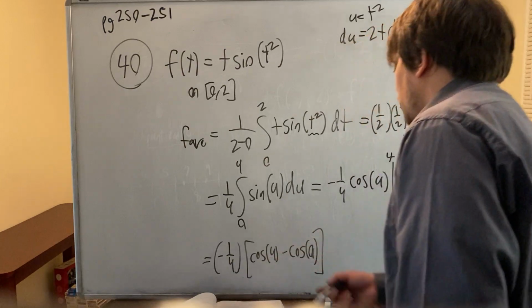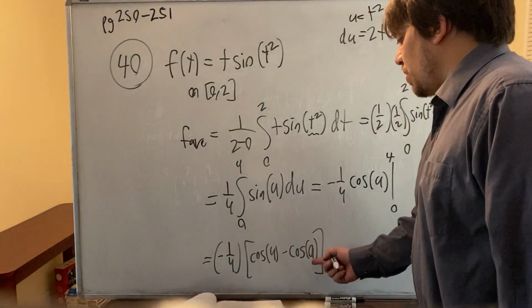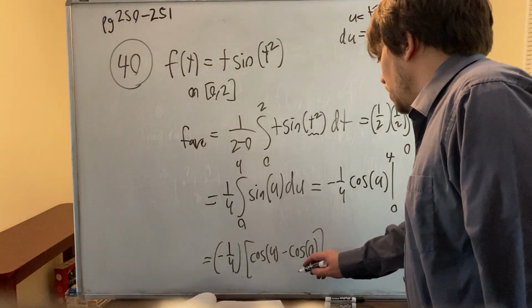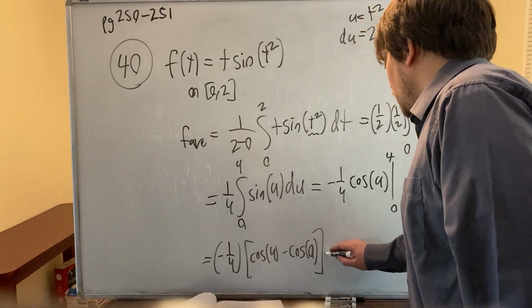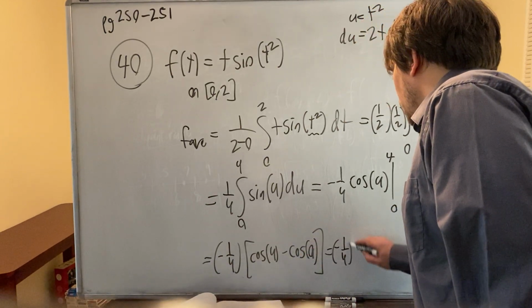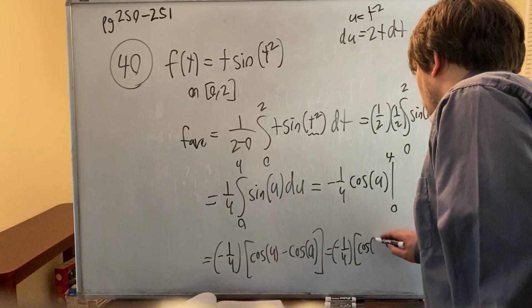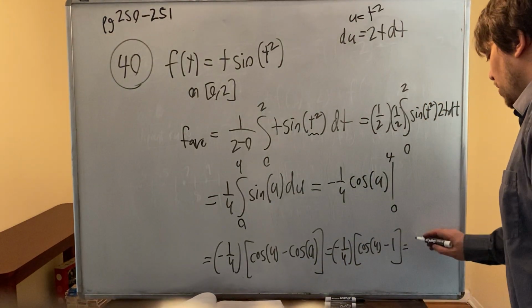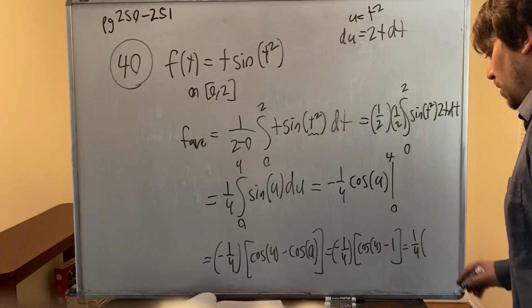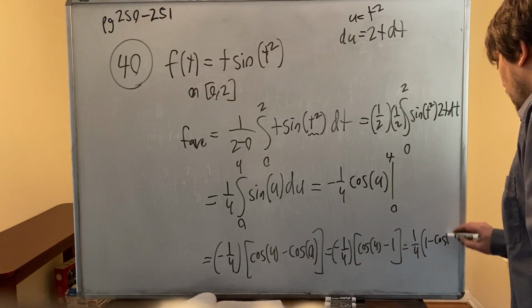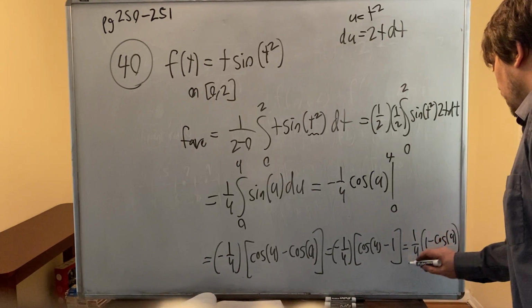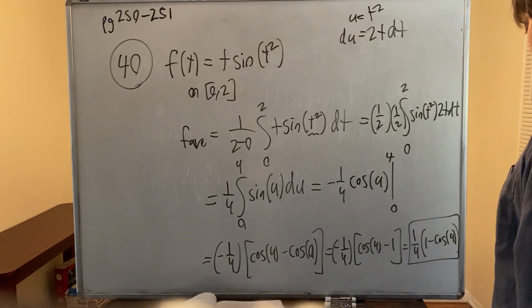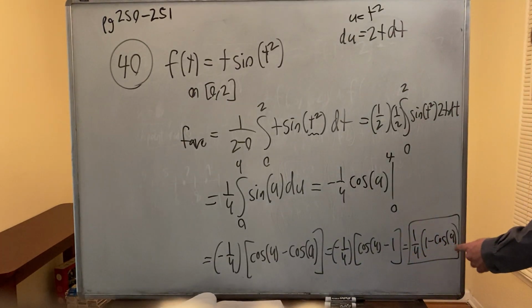Cosine of 4 is just a number. Cosine of 0 is 1. And so we get negative 1/4 times cosine of 4 minus 1. And you could reverse the signs and say this is 1/4 times 1 minus cosine of 4. And then that's the answer: 1/4 times 1 minus cosine of 4.